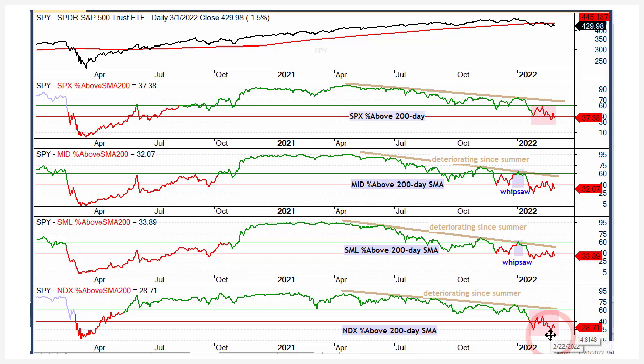Maybe it's oversold, but clearly there are more stocks in downtrends than uptrends. We've had deterioration since basically the summer, but it didn't become a concern until January when we started breaching the 40% levels in all four. And so that's why we're saying that there's a big headwind out there for the average stock.